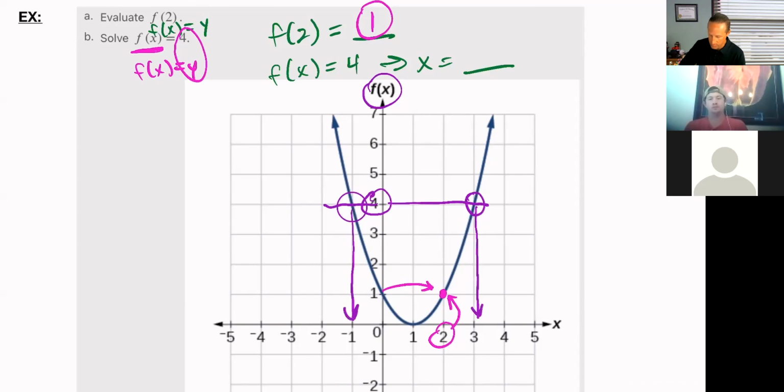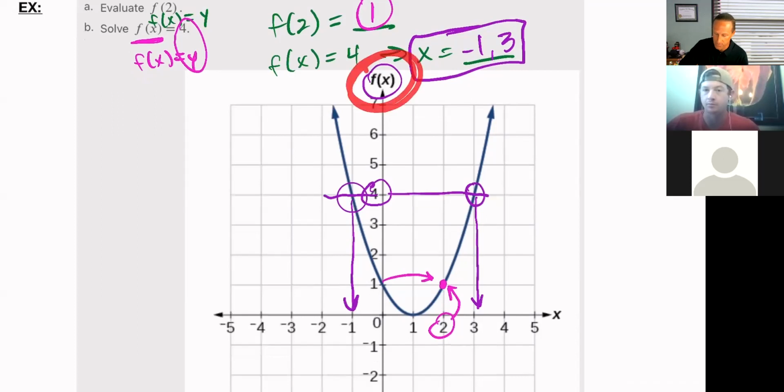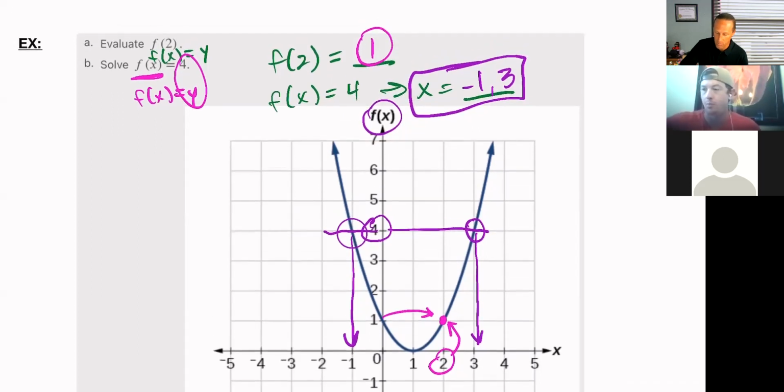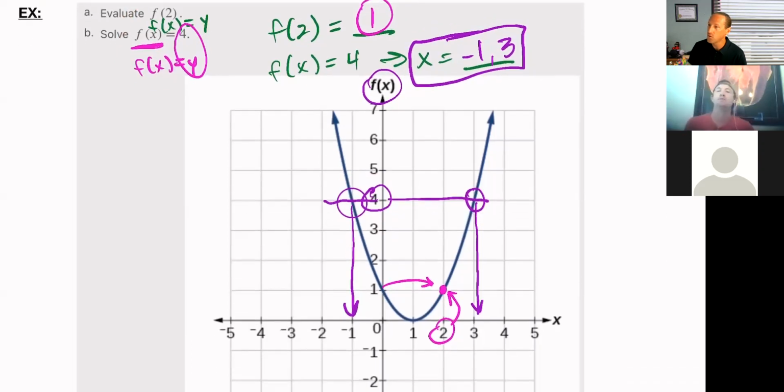And what x value? -1 and 3. Does that mean it's not a function? Well, you guys should know it's already telling us that this thing is a function by the way that they've written it. So we'll have to talk about that one-to-one input to output thing in a minute here.